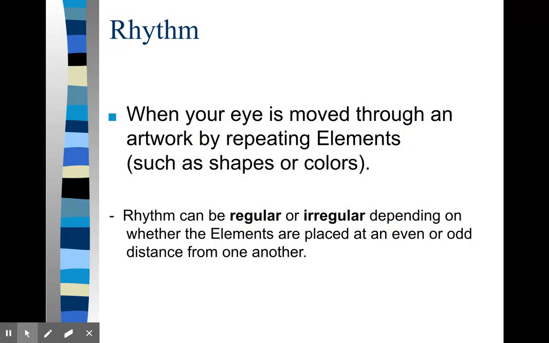And then we have rhythm. Rhythm is not very difficult to understand if you understand that rhythm creates eye movement. Rhythm can create one of the other principles of design.